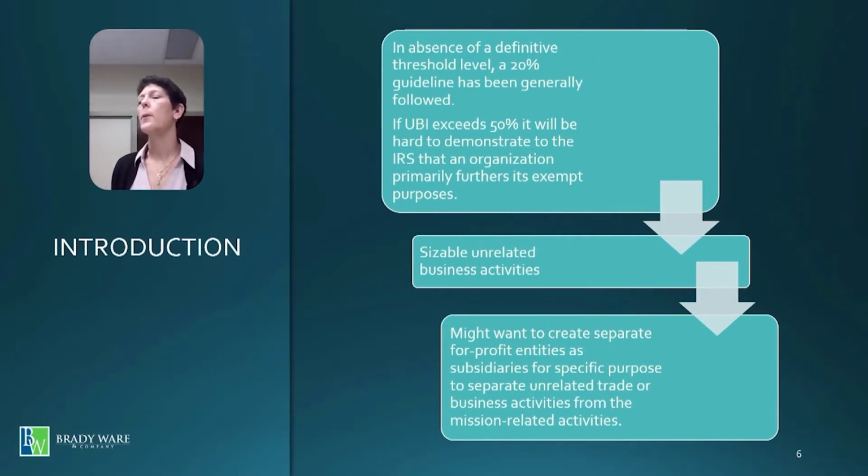It would show the IRS that yes, we know that our organization is creating UBIT income, and we're separating that income so that we can be taxed on it, and we don't want it to affect our exempt purpose. So that's an introduction of how UBIT came into play.